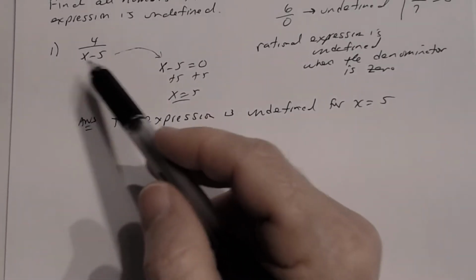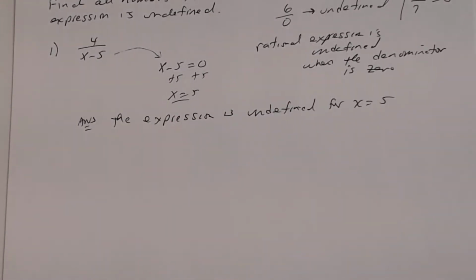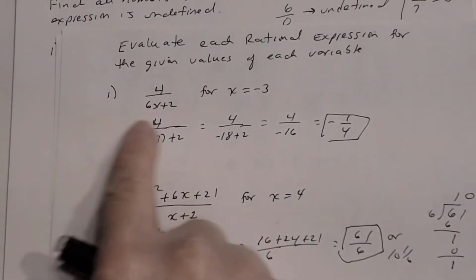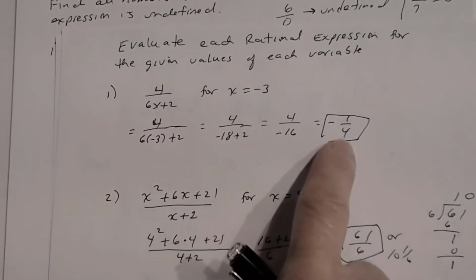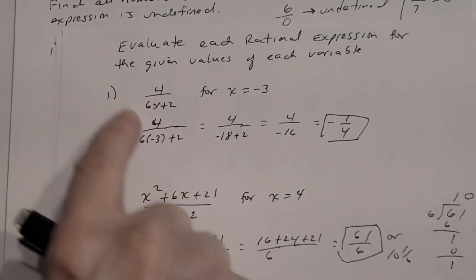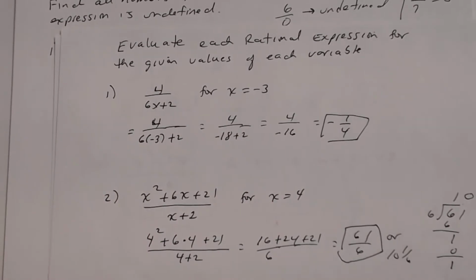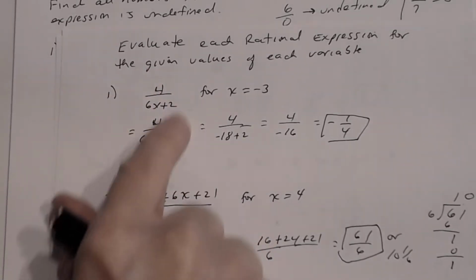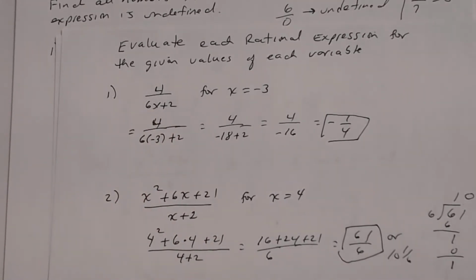You remember a while ago in a previous lesson, we evaluated this rational expression. I let x be -3, and I got a real number back, right? So that means that this rational expression was defined for x equals -3. It's also defined for an infinite number of other real numbers, except whatever makes this denominator 0. Okay?